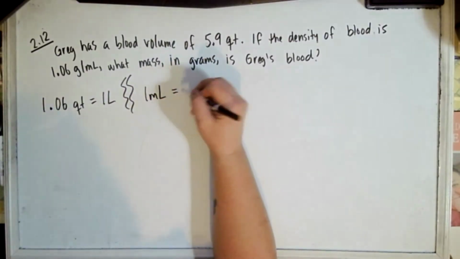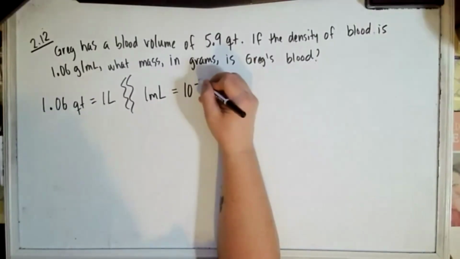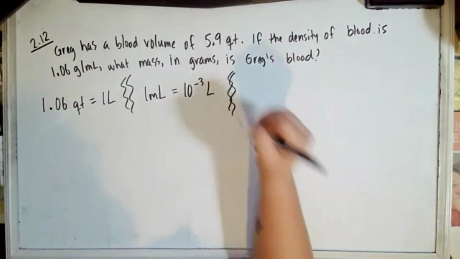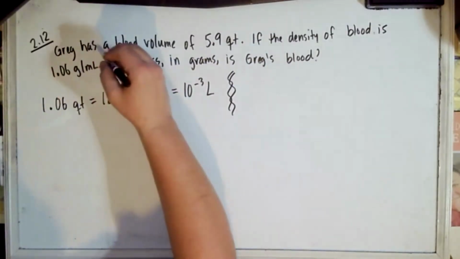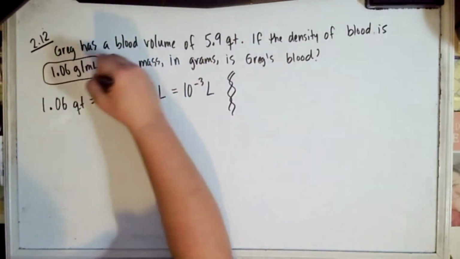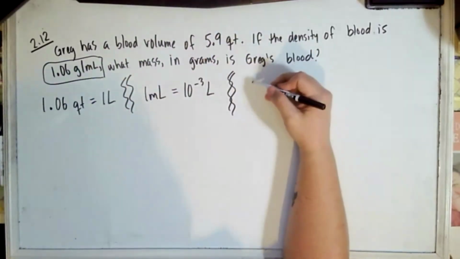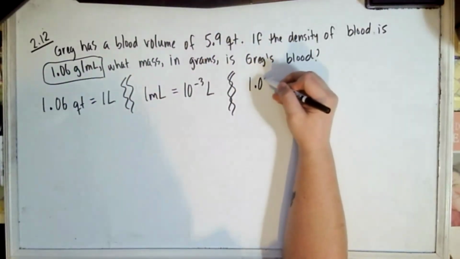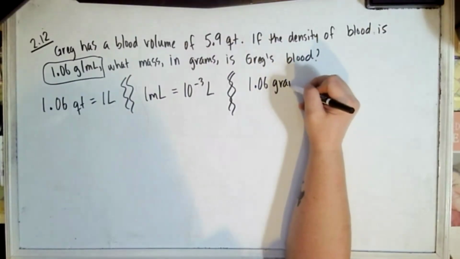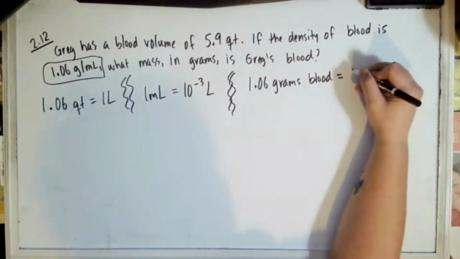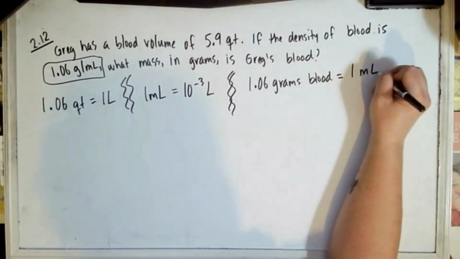Every 1 milliliter is going to be 10 to the negative 3 liters. And then again, remember that we can take density and write that as an equality as well. So what the density tells us is that every 1.06 grams of blood takes up a volume of 1 milliliter.